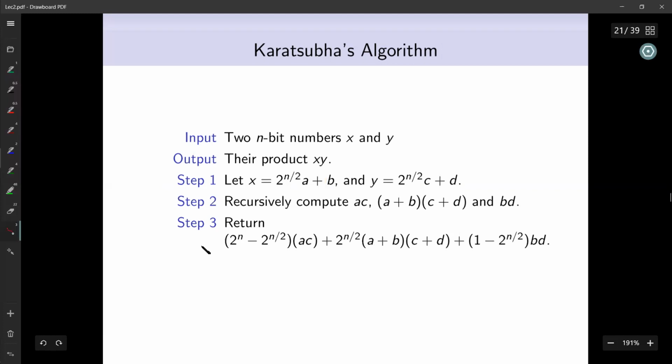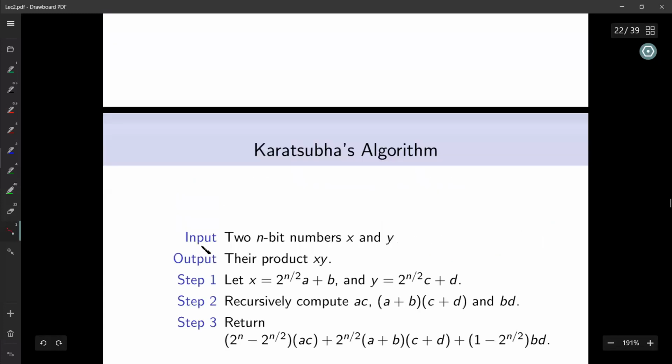Similarly for y, c and d. Now recursively compute AC, a plus b into c plus d, and bd. Now return this value. So this is the overall algorithm. The algorithm has a complexity of constant times n to the 1.59.